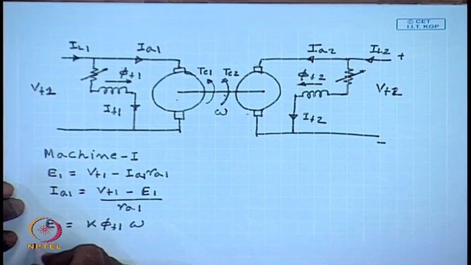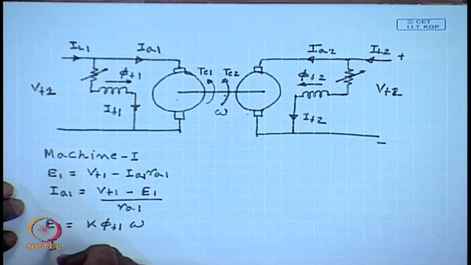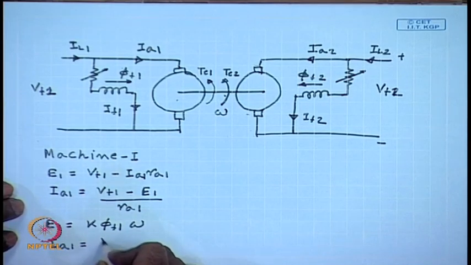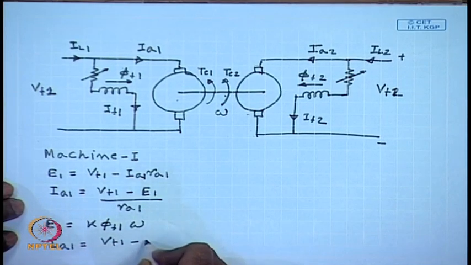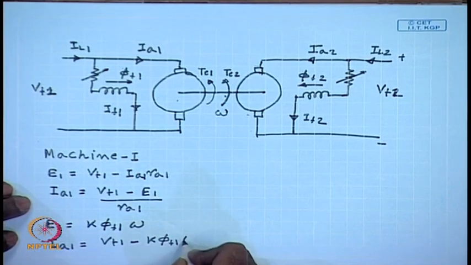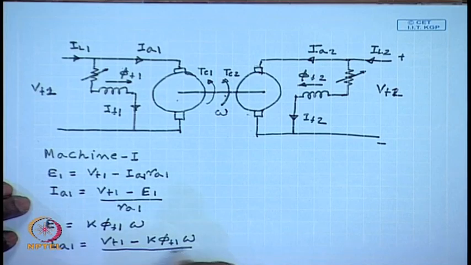So, I_A1 equals V_T1 minus K phi_F1 omega by R_A1.